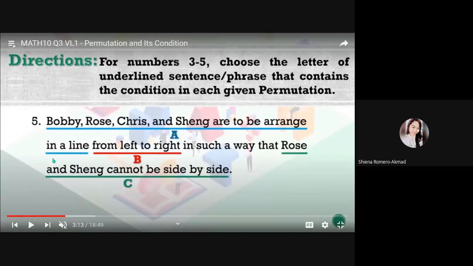About for number 5, Bobby, Rose, Chris, and Sheng are to be arranged in a line from left to right in such a way that Rose and Sheng cannot be side by side. A. Is it A? Why is it A?